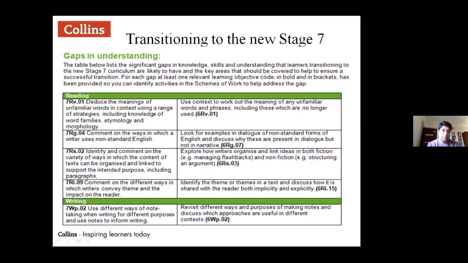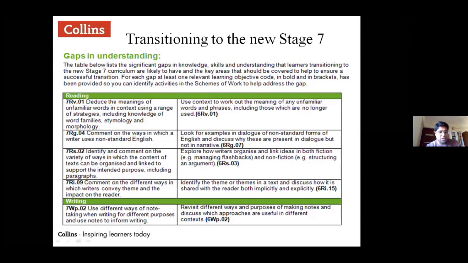That's very important. Of course, you're using context to work out the meaning of any unfamiliar words and phrases. So something which is gradually necessary for writer's effects, like implicit understanding, unfamiliar words. Why did the writer use this word over here? What is the purpose? So knowing the purpose and the audience, again, is very important.